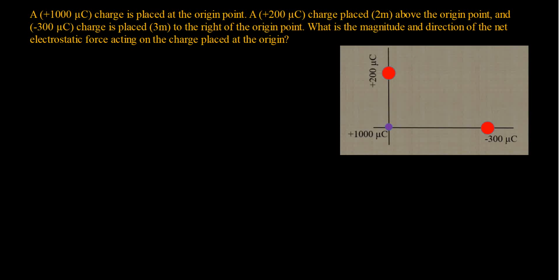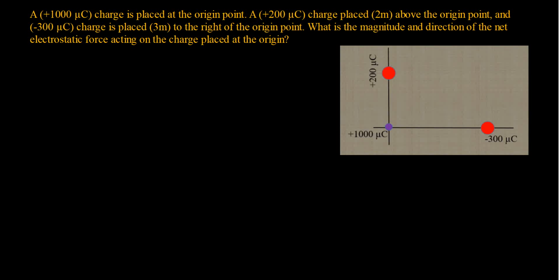Okay, another example for the net electrostatic force between two charges, but in this example we are introducing another term, which is finding the direction of the net electrostatic force acting on a specific charge. Now in this example I have a 1000 microcoulomb positively charged placed at the origin point.